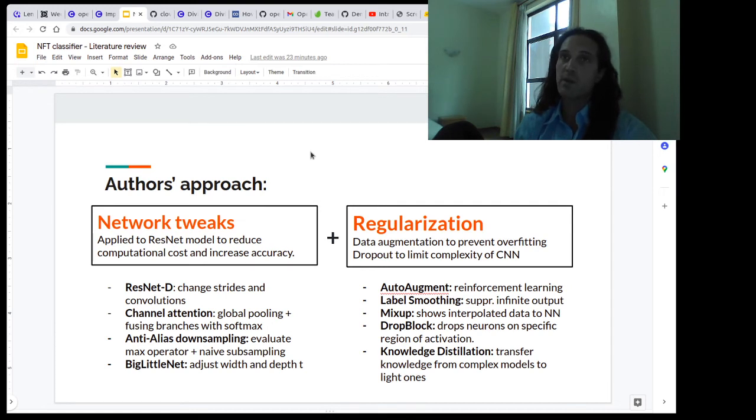It's a cool way to tailor the model dropout, the neuron dropouts actually. And knowledge distillation consists of transferring knowledge from complex models to lighter ones.